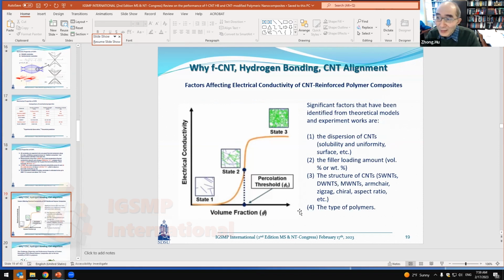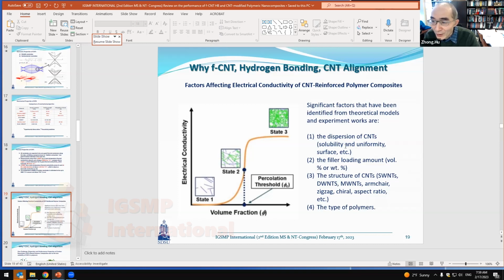The nanocomposite material is affected by many parameters from the carbon nanotube. For example, the first one is the dispersion of the carbon nanotube. The reason is because carbon nanotube has low solubility.